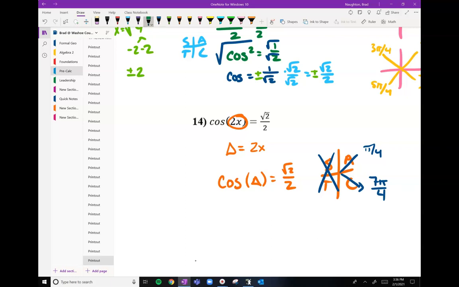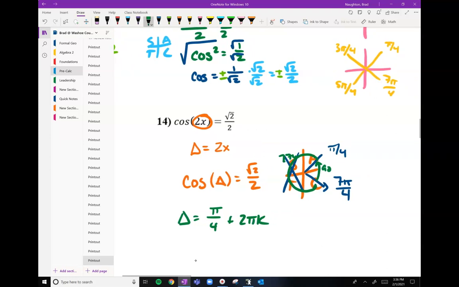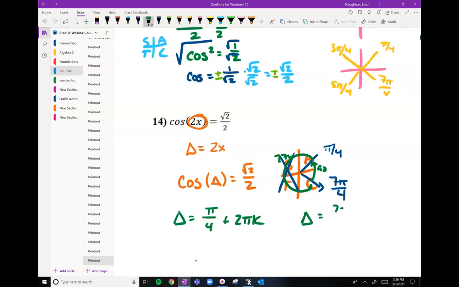So let's do our mapping. So from here to here, 90, 270. So they're going to be unique. So delta is going to be pi over 4 plus 2 pi k. And then we'll have delta is equal to 7 pi over 4 plus 2 pi k. Alrighty. Well, unfortunately, it is delta, it is not x.